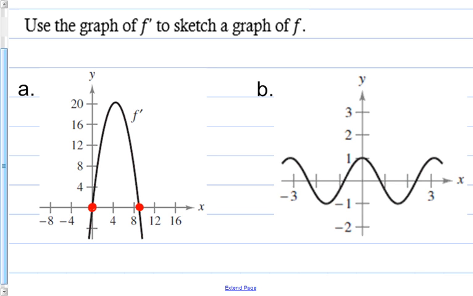Whenever my slope is negative, below or less than 0, below the x-axis, that meant that my original f was decreasing. So if you break this up, that's what I'm going to do.